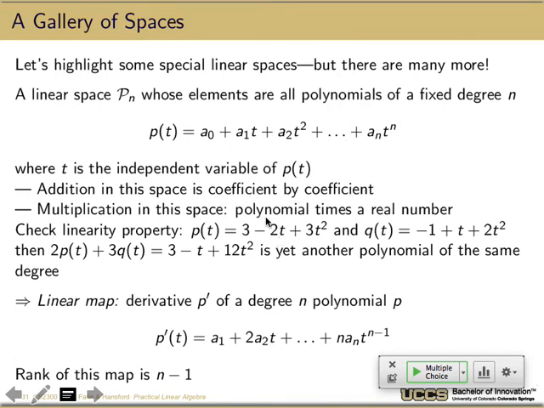To see that it's a linear space, we can check its properties. If I take two of them, multiply them by constants, and add them together, I get yet another polynomial of the same degree. If I test the zero property, all of those work out. So polynomials are now a space in which we can apply linear algebra, because we have all this linear algebra stuff we've been talking about.